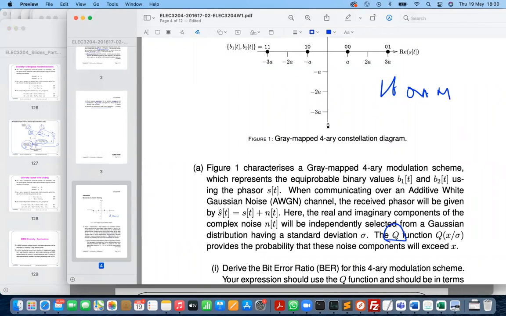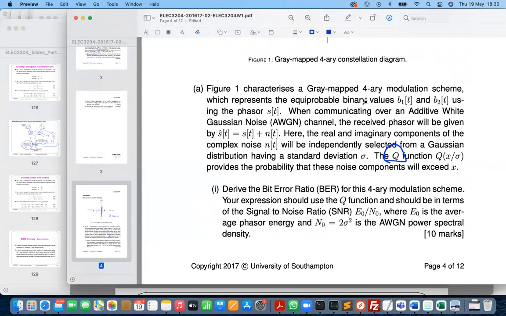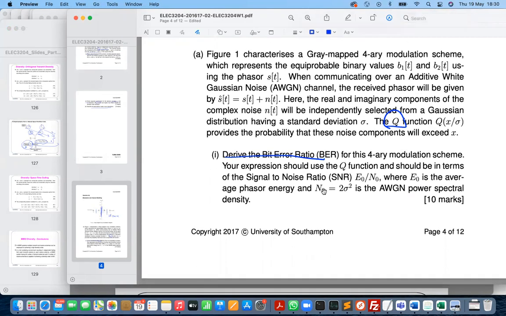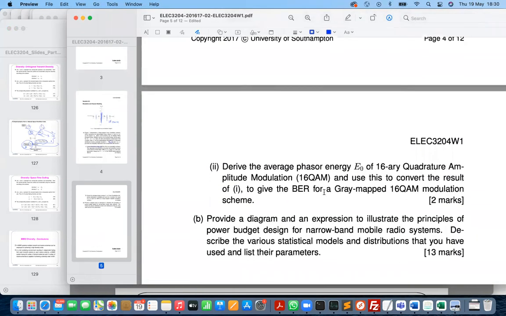So you need to first decide where the decision boundary is. So the decision boundary for the first bit is the y-axis, and the decision boundary for the second bit is the other axis. And then you need to derive the BER for the first bit and the BER for the second bit, and then take the average. It's the same as what we did before for the first exam paper.